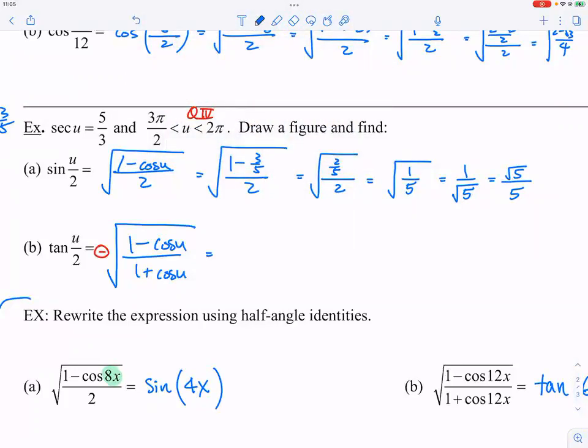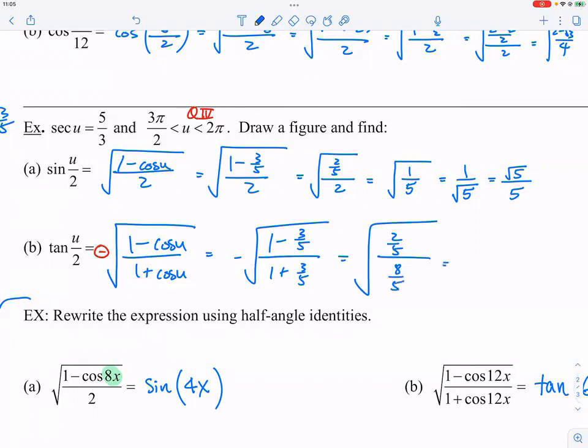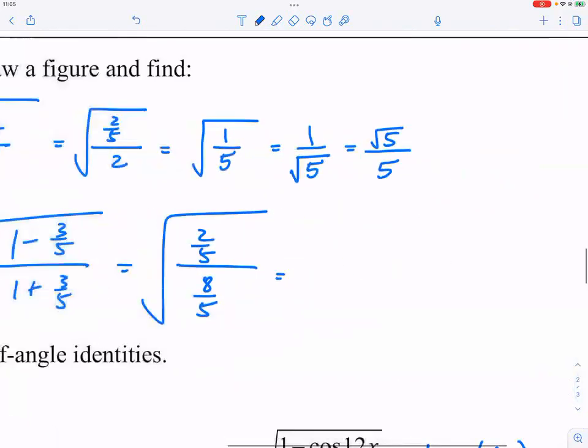And tangent of an angle in quadrant 2 is negative. So that's how we know it's negative. So 1 minus 3/5 over 1 plus 3/5 gives you 2 over 5 over 8 over 5. The 5 gets canceled out, and the 2 and the 8 simplify to 1/4. So that is the square root of 1/4, which is simply 1/2.